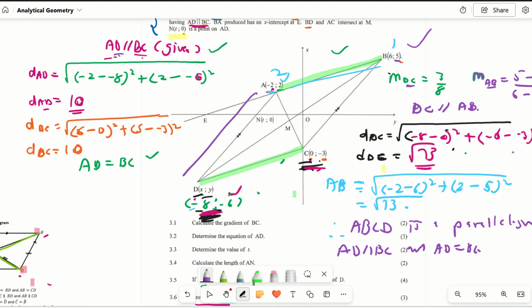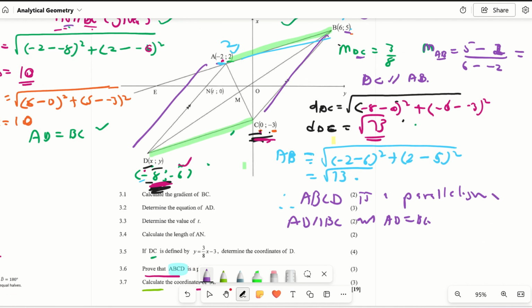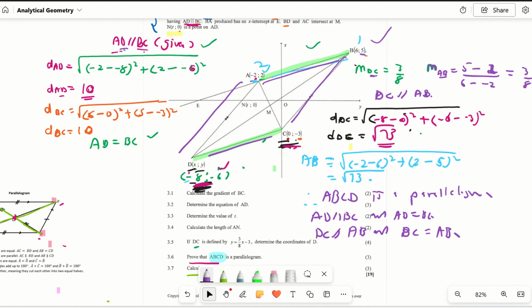They're parallel and also equal. On top of that, we've proven that DC is parallel to AB and they're equal as well. That's you having proven that that's a parallelogram.